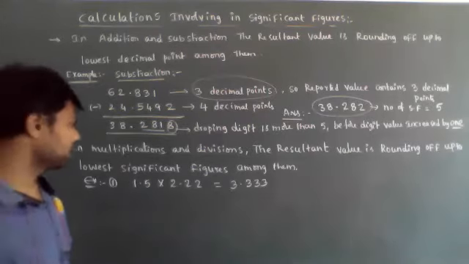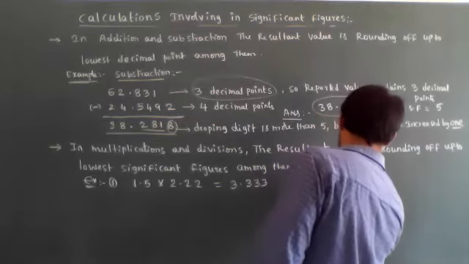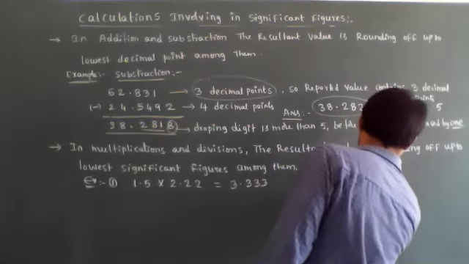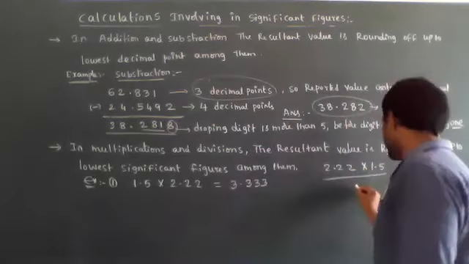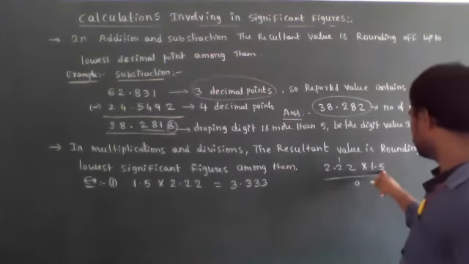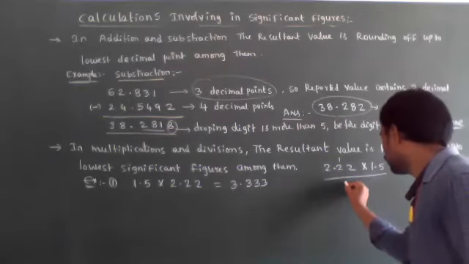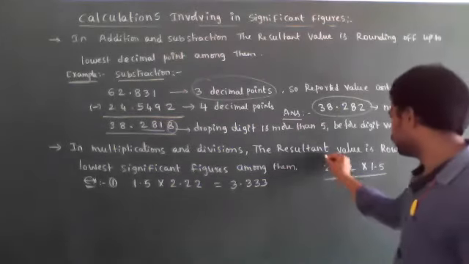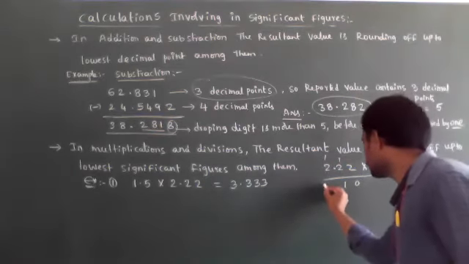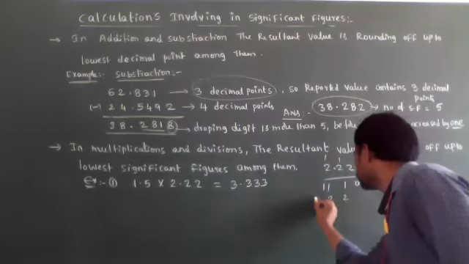See, 1.5 times 2.22: 5 2s are 10, 1 carry; 5 2s are 10, plus 1, 11; 1 carry, 10, 11; next 2, 2, 2.